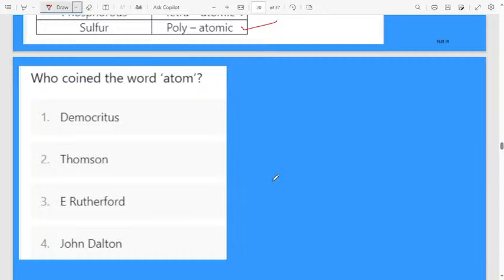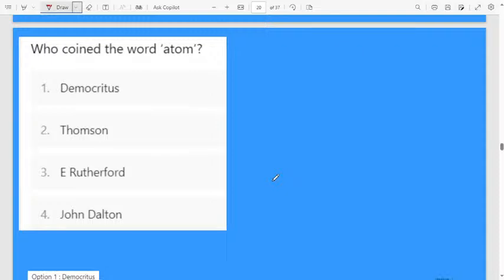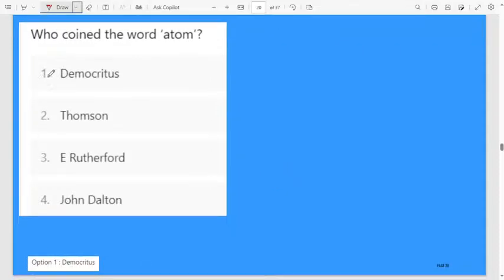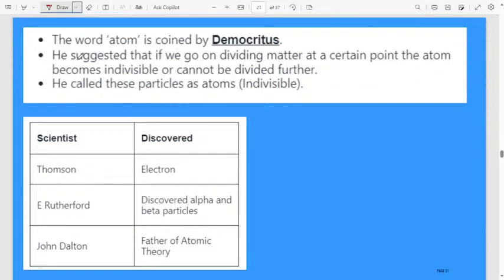Who coined the word atom? First option Democritus, second option Thomson, third option Rutherford, fourth option John Dalton. Who coined the word atom? Democritus. The word atom was coined by Democritus.